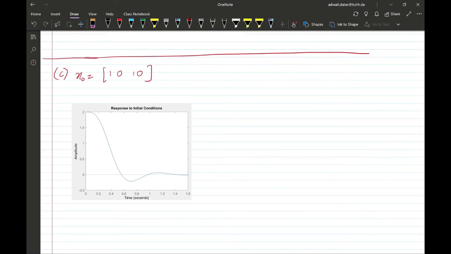So this figure shows the response. For this initial condition, note that this is output y, which is theta plus psi, which is 2 because of our initial condition. And we see that this output is regulated to 0. And that's it for this problem.